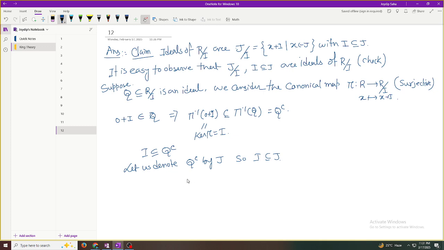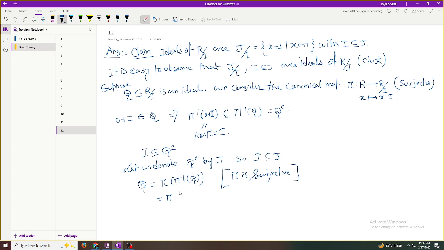Now what is Q? Q equals pi of pi inverse Q, because pi is surjective. What is pi inverse Q?